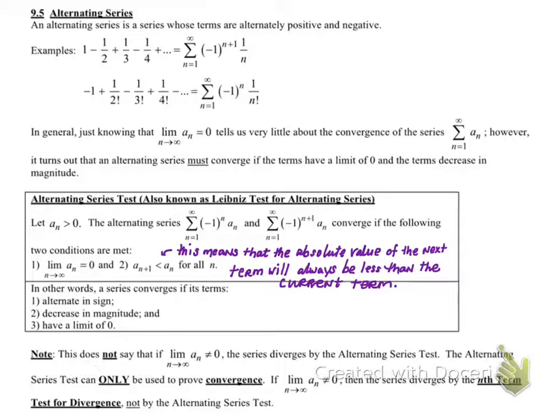In order to prove that it actually diverges, you need to use a different test, and I think it would always be the nth term test. I can't think of an example when it wouldn't be the nth term test. Okay, so be careful with your justifications there.